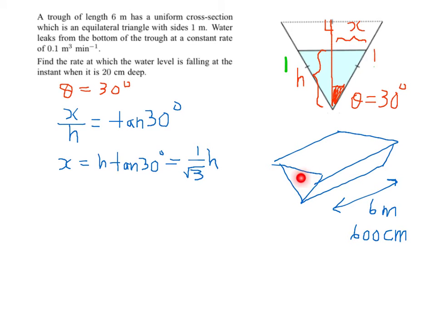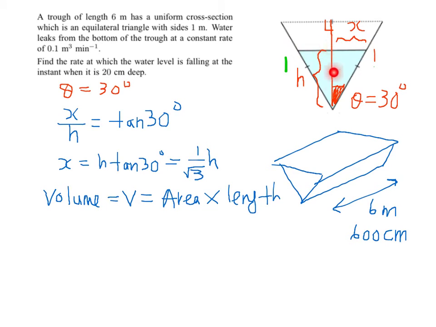The area of the cross section is given as the area of the triangle, and so the volume of water, or volume of trough, that you can say would be equal to V, and that is the area of cross section times the length of the trough, and the area of cross section is really half of base times height.